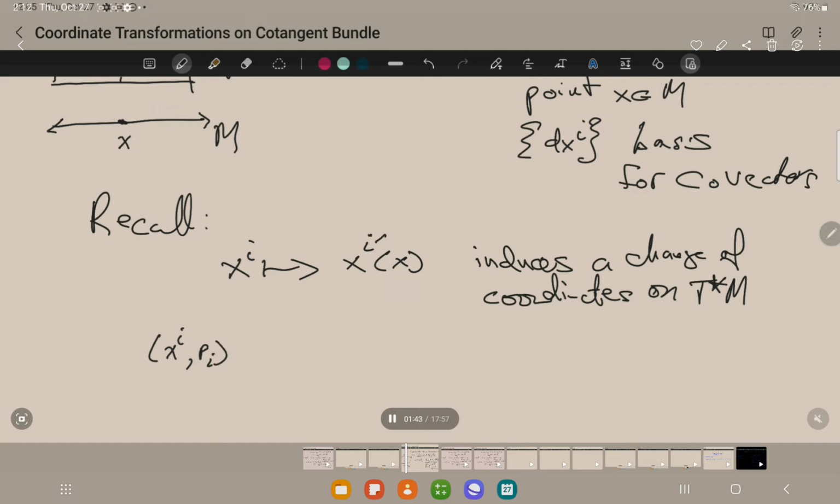Notice the index of the P. The P is downstairs because the basis dxi is upstairs, so the P itself is a covector, a one-form. The transformation on the cotangent bundle is the following. xi goes to xi prime, and Pi goes to, since the index is downstairs, the Jacobian in that particular order, and then Pj downstairs to the right.